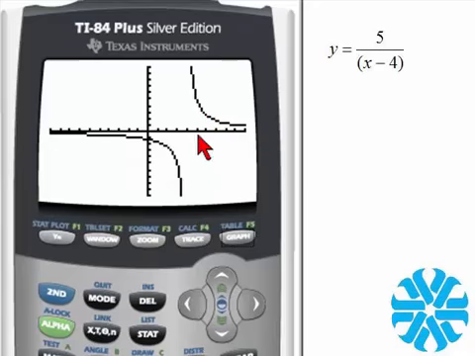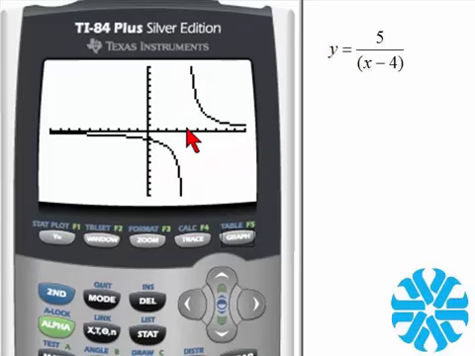Now, I don't want you to be alarmed if you're viewing this and you don't see this exact function right here, or the exact window that we're seeing. You may see a vertical line that's going down through the point x equals 4. So here's the point 1, 2, 3, 4.